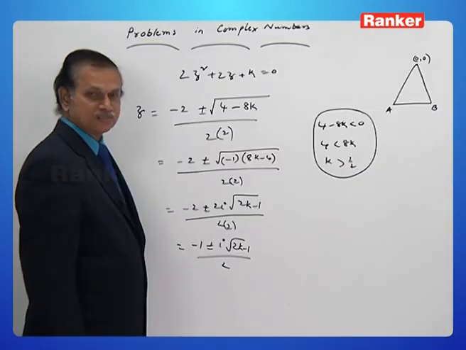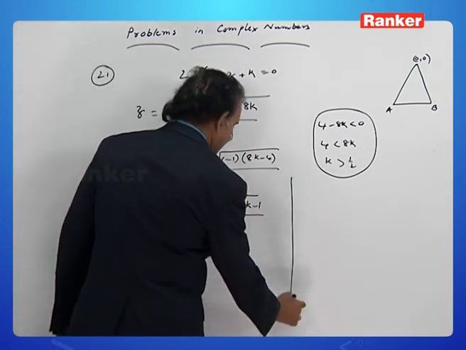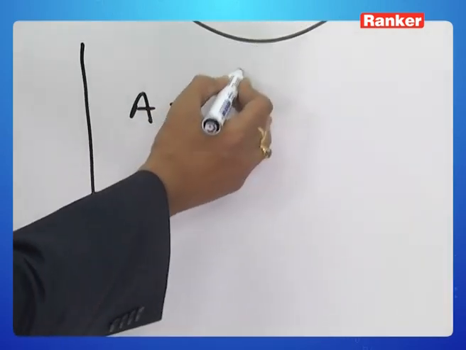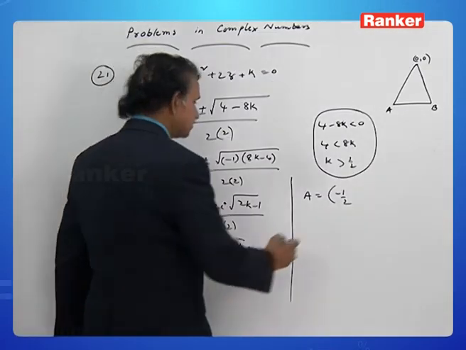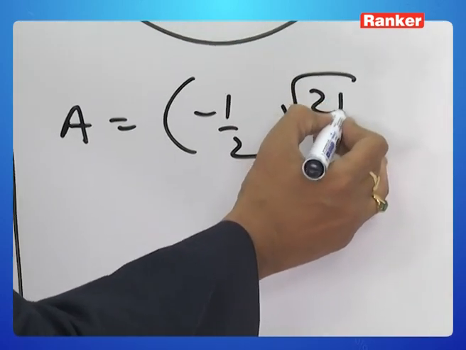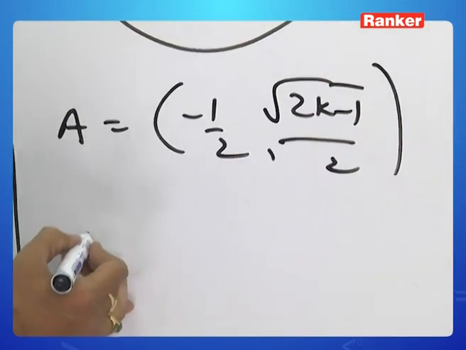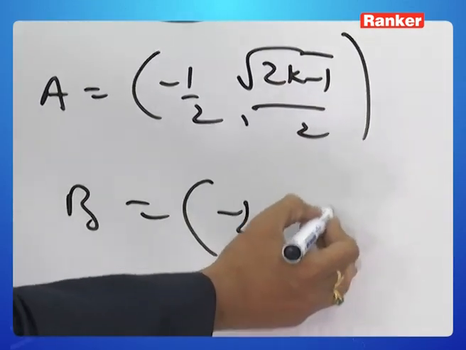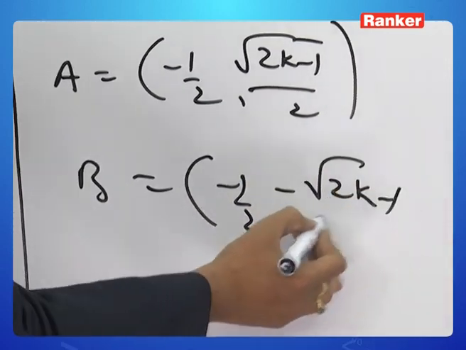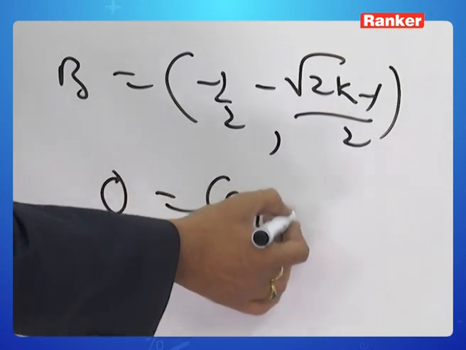By looking at this, we can trace a and b. How? A is equal to minus 1 by 2 plus root 2k minus 1 by 2 and b is equal to minus 1 by 2 minus root 2k minus 1 by 2, and the third vertex is origin.